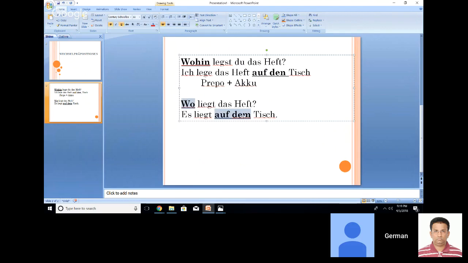Wo is the question used for dative case. Wo means where. Where does the notebook lie? It lies on the table. Auf over here is used as a dative preposition. That's why Tisch, which is der Tisch, has become dem Tisch.